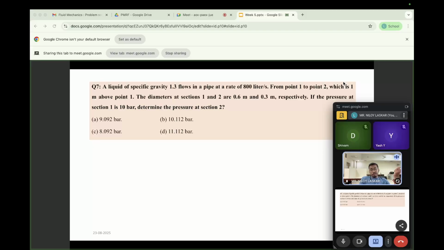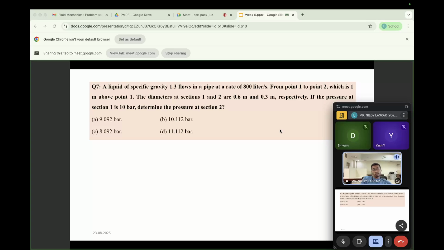The specific gravity of a liquid is given. Also its value of Q is given, and point 2 is 1 meter above point 1. The diameters of the two sections are also given. The pressure at one section is given, and you need to find the pressure at the other section.